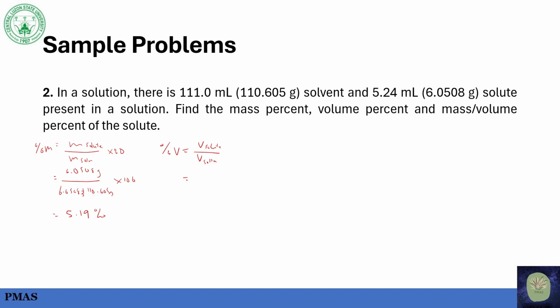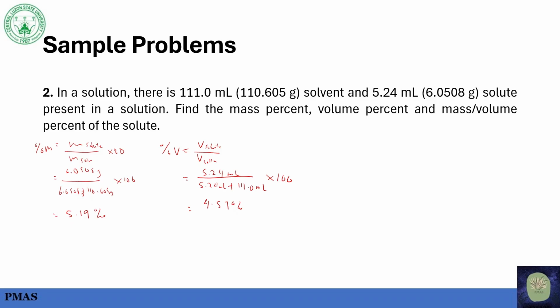The volume of solute is 5.24 ml divided by the combined volume of solute and solvent, 5.24 ml plus 111.0 ml, multiplied by 100. So the percent by volume, using your calculator, is 4.51%.